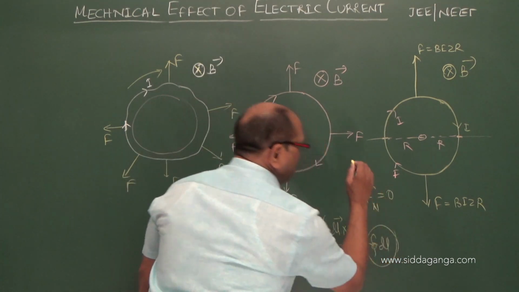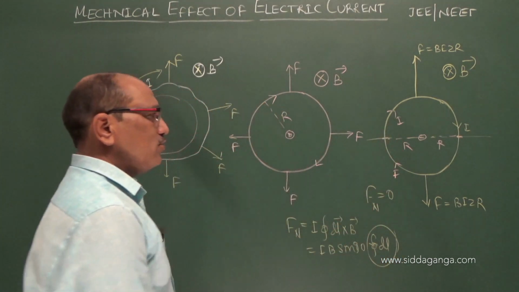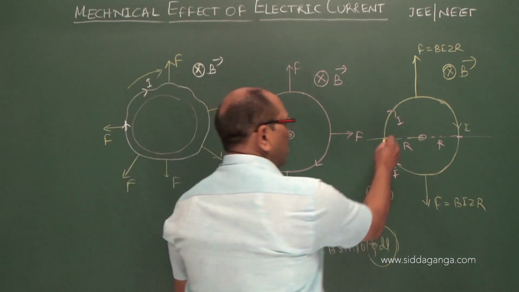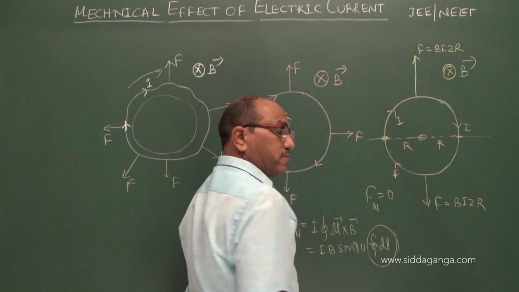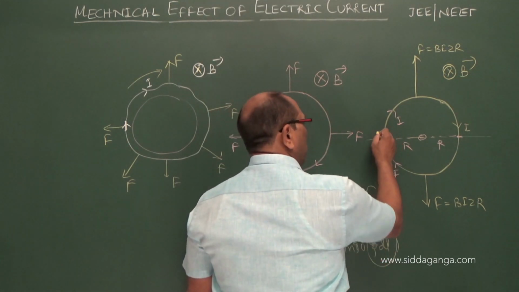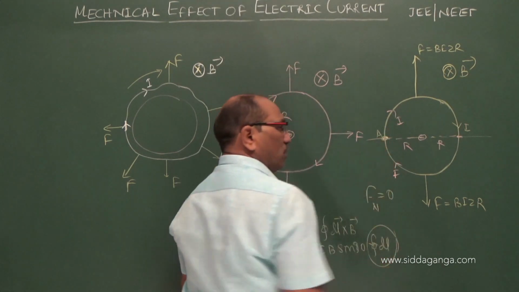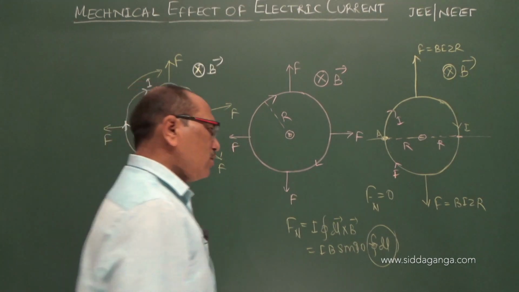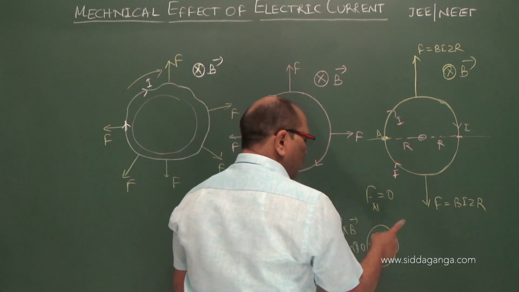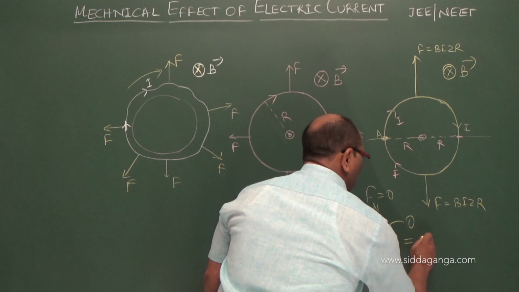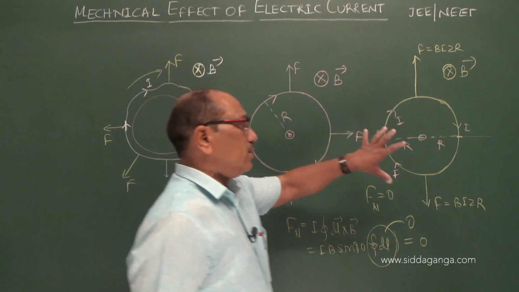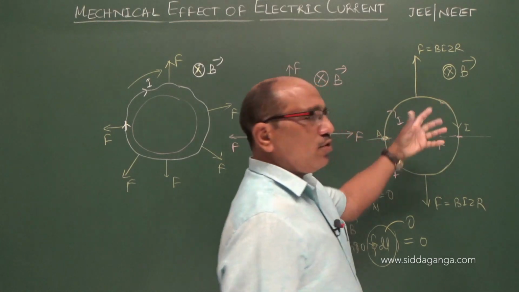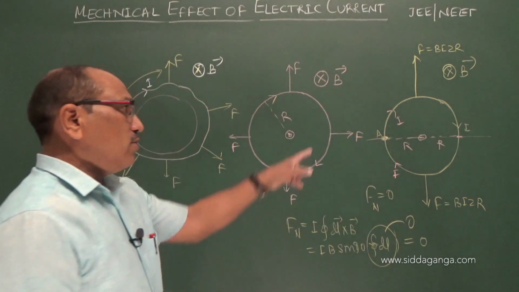What is the integration of dl here? It is 0, because it is a displacement concept. dl is a vector. When I start from point A and return to point A, the displacement is 0. So the length is 0, and because of this the force becomes 0. A loop carrying current placed in a magnetic field won't experience any force in that situation.